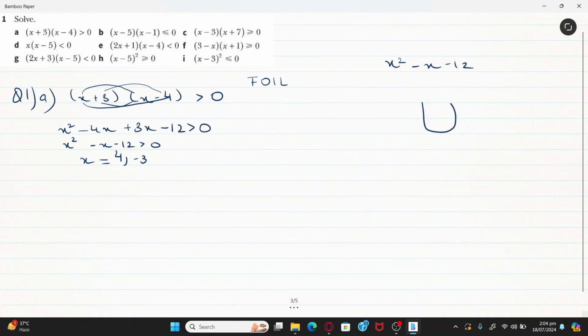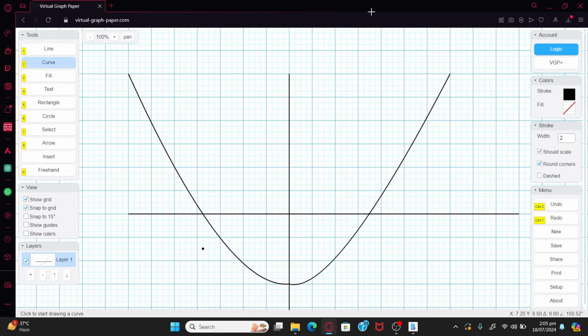So let me say this is on a graph, something like this. And they're saying find the values whenever this is greater than 0. Meaning this is our graph, and whatever value is greater than 0. So at this point, our graph is at 0.